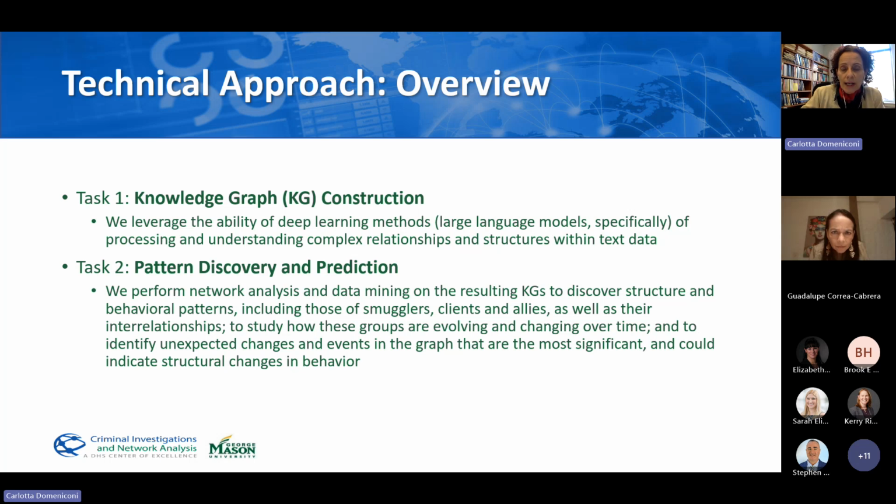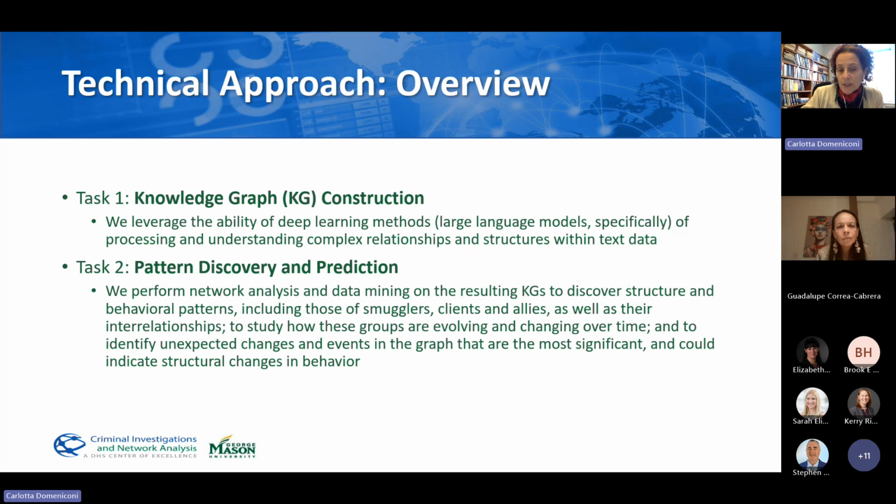In order to perform the first task, we will leverage deep learning methodologies, in particular large language models, and especially their capability of processing very large amounts of text, and also reaching a very deep understanding of the complex structures and relationships within text corpora. Once we have the resulting graphs, we want to mine them, applying and developing data mining and machine learning techniques as necessary to discover interesting patterns.